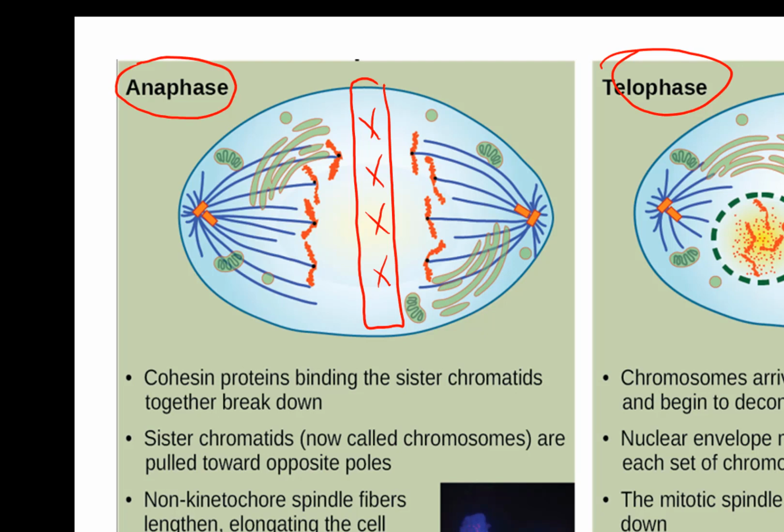Those chromosomes are now being pulled apart in each direction. Those microtubules originating from the centrosome are attached at the centromere and are now being pulled apart in this direction here.